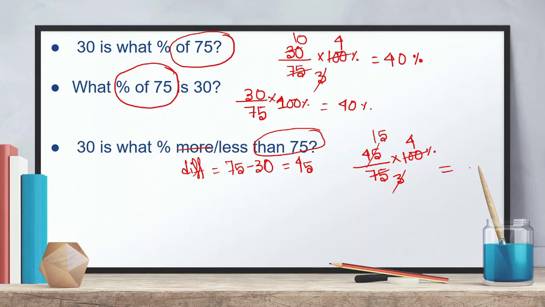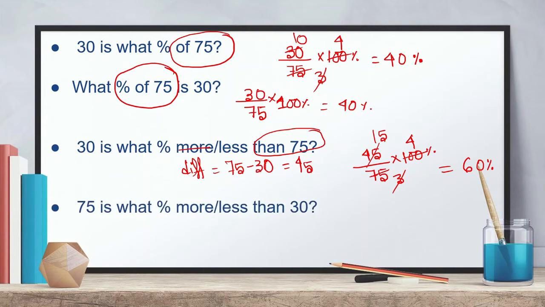So it will be 60%. Clear? So 30 is what percentage less than 75? The answer is 60%. Now let's see the next question. The next question is, 75 is what percentage more or less than 30?